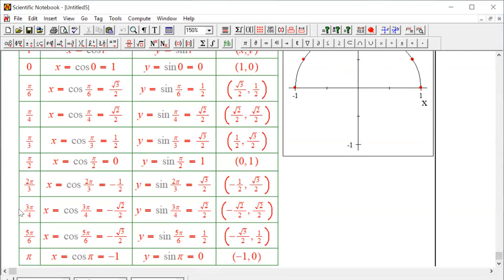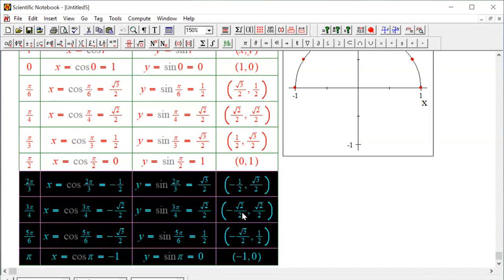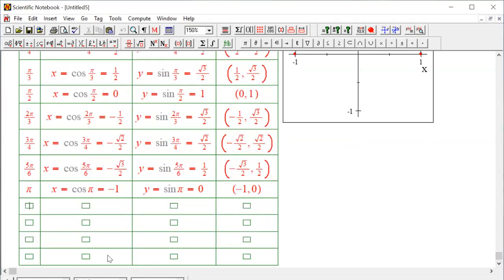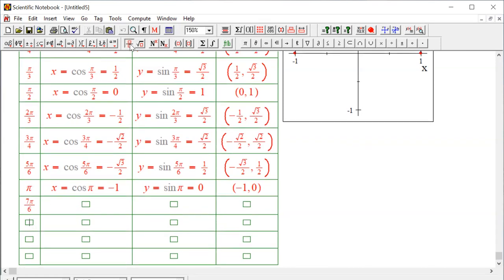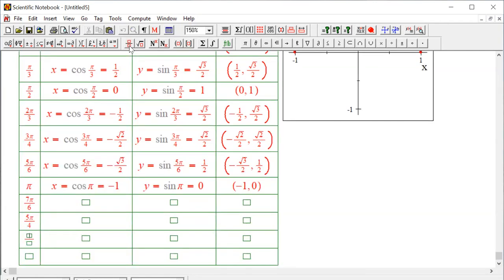I'm going to give you the values, and you can pause if you like. So I'm going to give you the values, which are 7 pi over 6, 5 pi over 4. This is the perfect opportunity for us to review trigonometry and those special values.